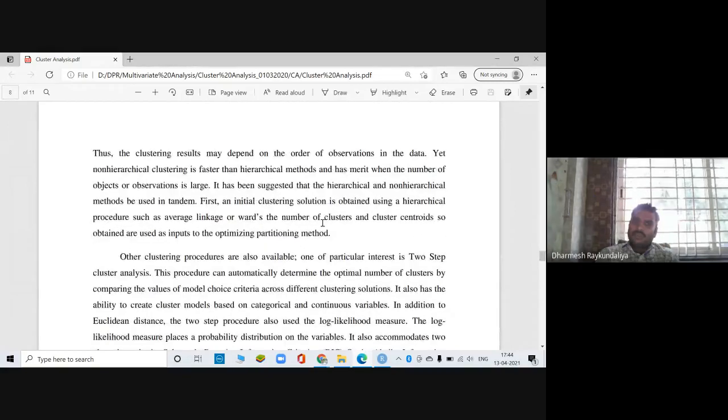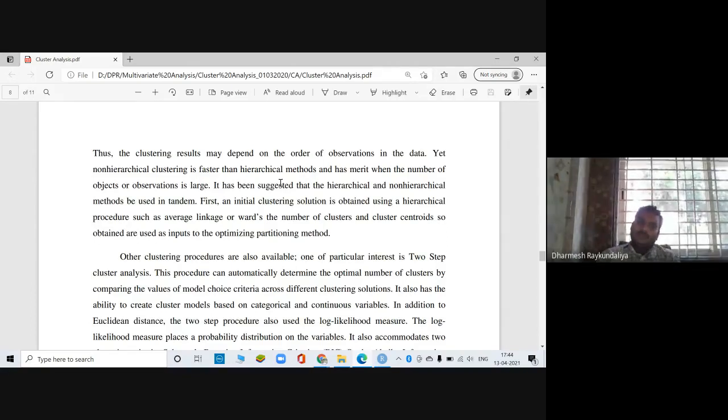Thus the clustering result may depend on the order of the observation data. Yet non-hierarchical clustering is faster than the hierarchical method and has merit when the number of objects is large. So when the number of cases or objects is large, it is always advisable to go for non-hierarchical clustering rather than hierarchical clustering.